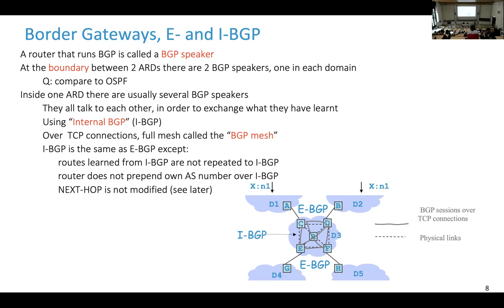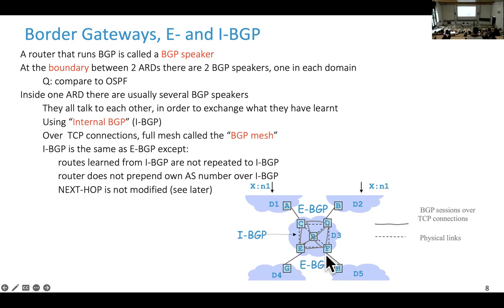The second reason, which is important, is to have global connectivity. So if router C learns a path about N1, it should notify E so that E could also notify other domains. So we want to spread this information globally.